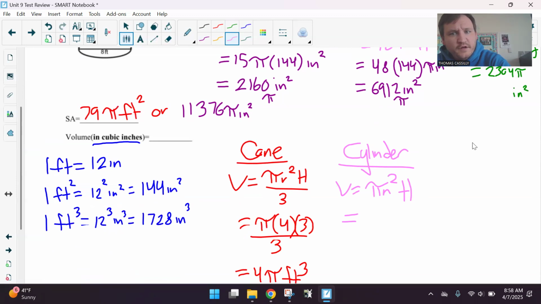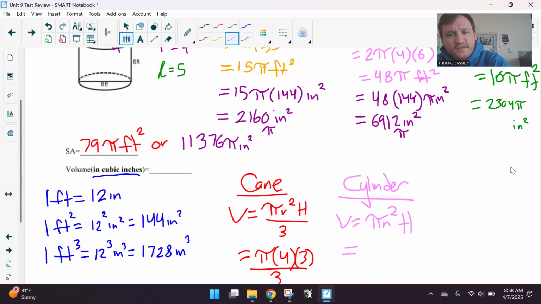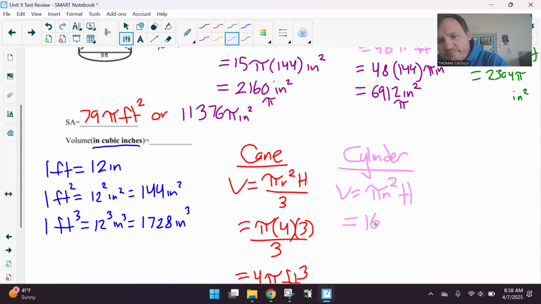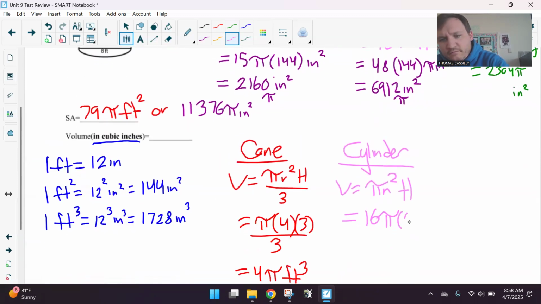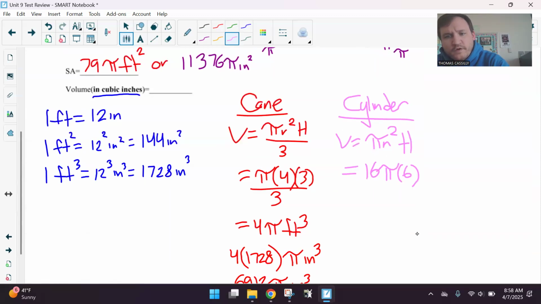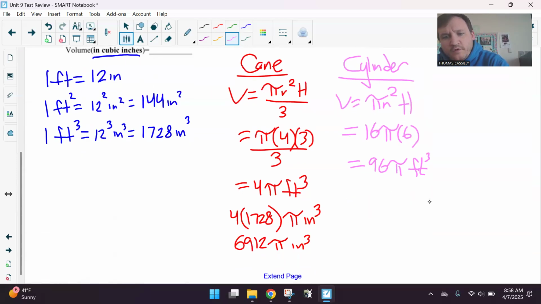So the area of the base here was 16 pi times the height on the cylinder, which is 6. That's 96 pi cubic feet. Or if we want to, multiply it by 1,728 to give us the cubic inches.